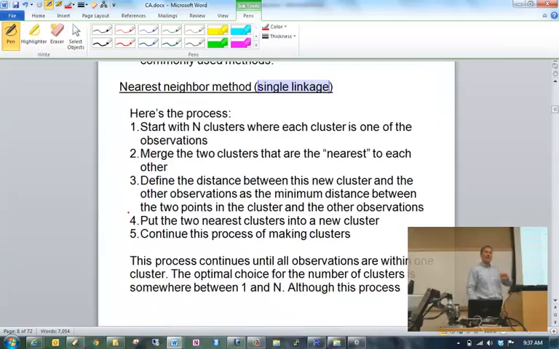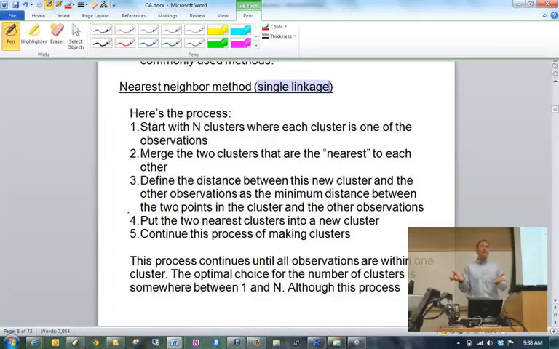We're going to talk about 5 different methods. The reason why we're talking about 5 is because no one method is the best overall. And we're going to talk about a method called nearest neighbor. You also will see this referred to as single linkage. Terminology, unfortunately, is not consistent across applications.